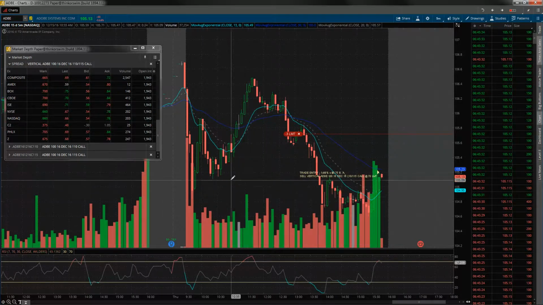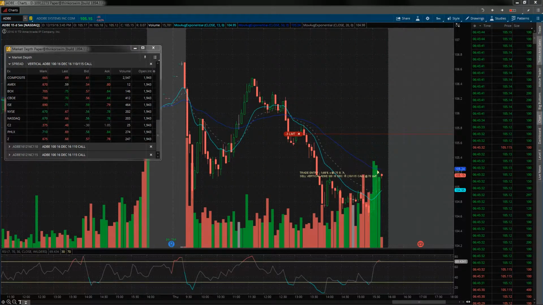Okay, so sorry, let me just get a bit organized here. Just do my Control V, my screenshot. So there's 2016 at 12. The date is the 15th, and it is Adobe. And I'll just check the bid and the ask.